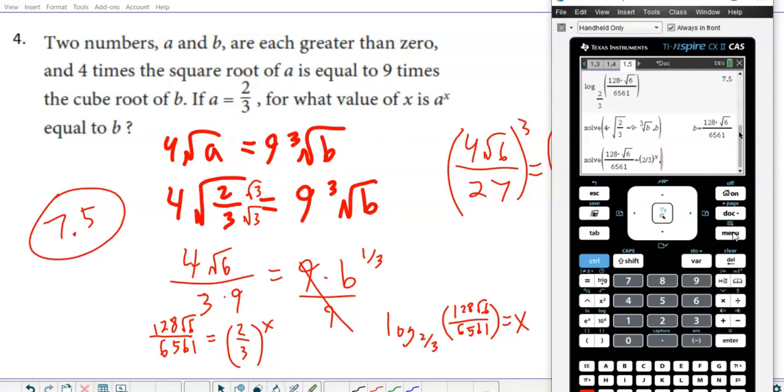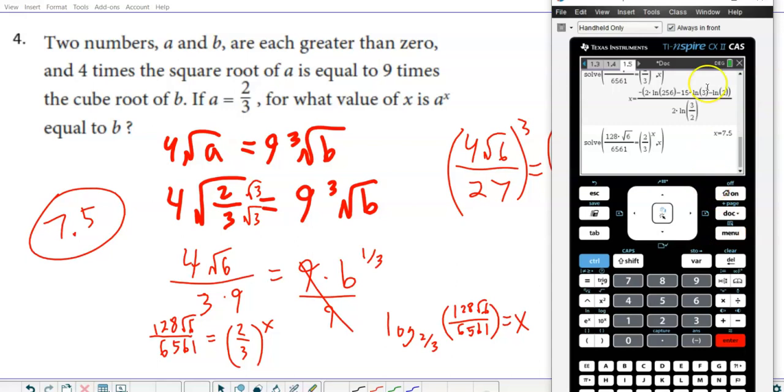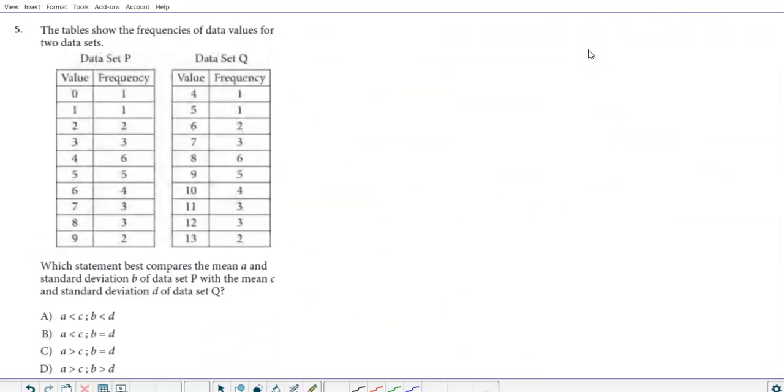Don't forget to put a comma, the variable solved for, which is x. It gives you that, and then we hit control divide, and it gives you the answer, which is 7.5. So control enter gives you that decimal, that 7.5. Really tough problem. Wow. The monster.